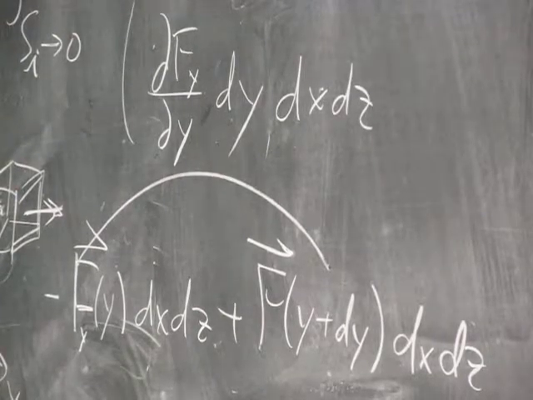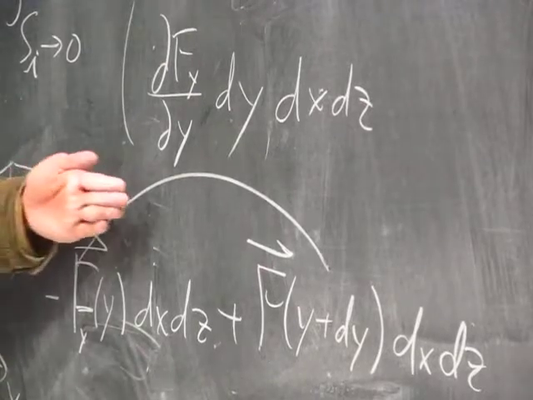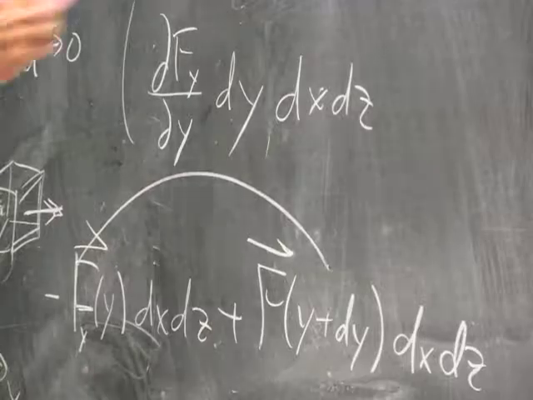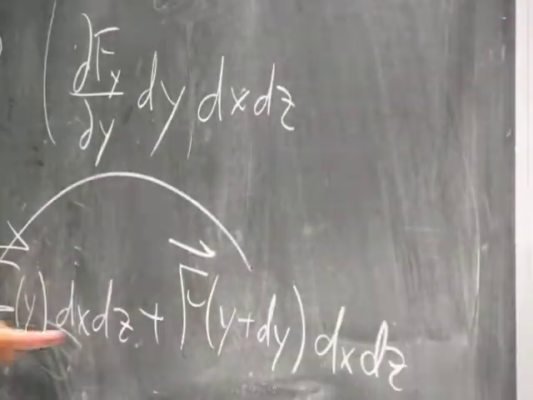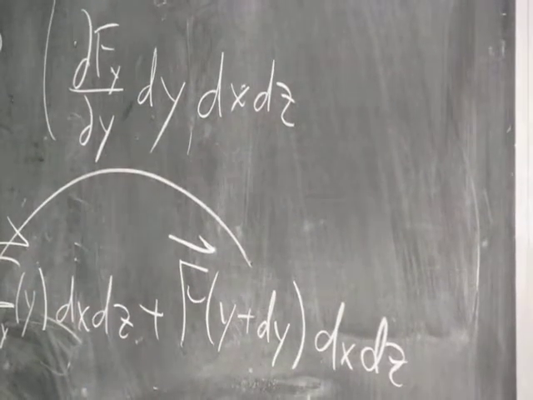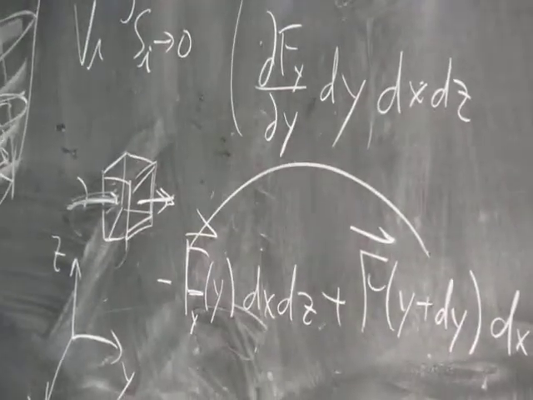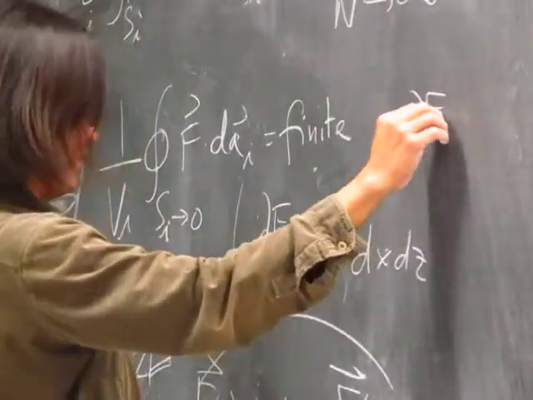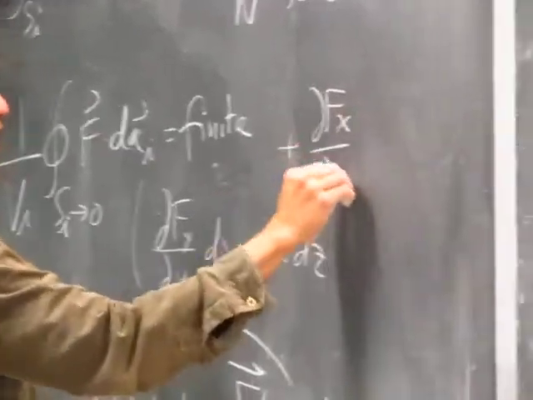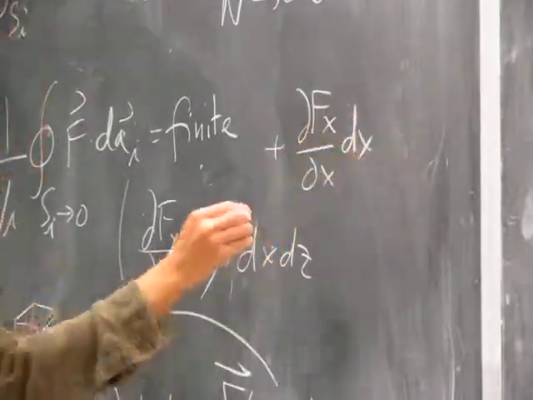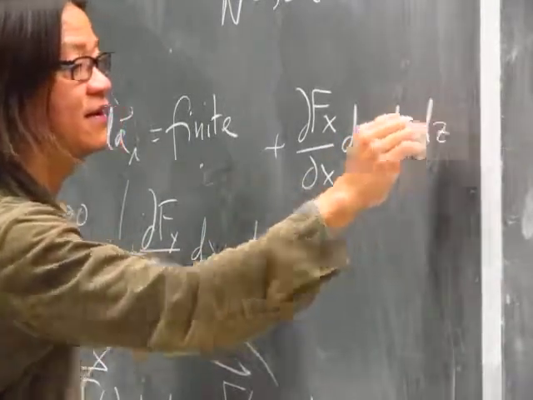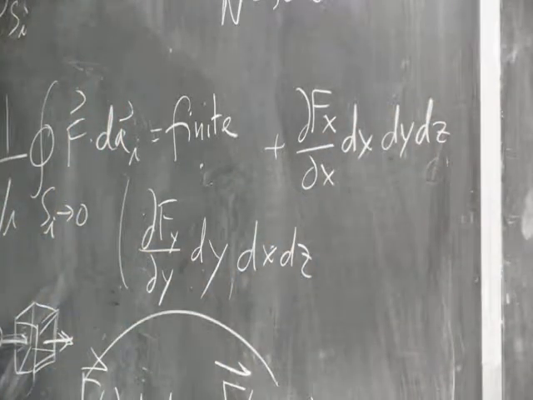Okay, and I can do the same thing. Here I'm just doing it in the y direction. I can do the same thing in the x direction. Then I also get a difference from one wall to the other wall, a term like dFx/dx delta x times the area, which in this case is dy dz.